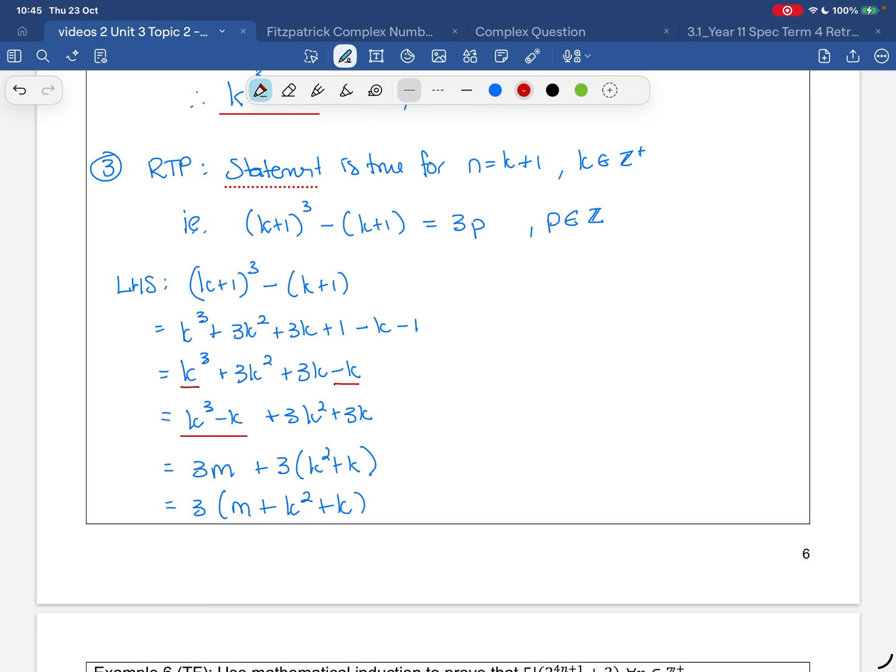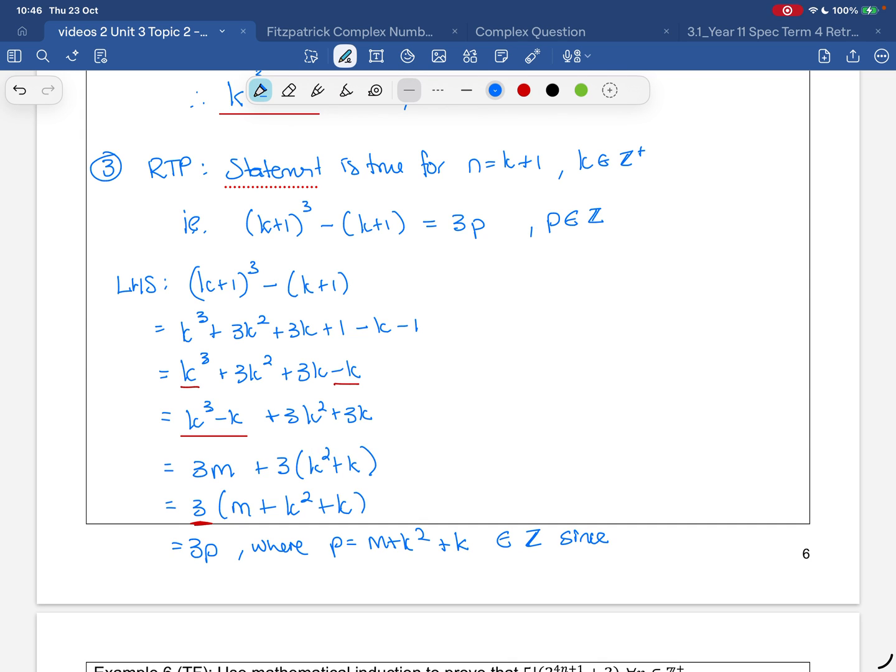And what I've managed to do is show that this left-hand side is a multiple of 3, so that means it must be divisible by 3. So that's equal to 3p, and my value of p is m plus k squared plus k, and that is an integer.